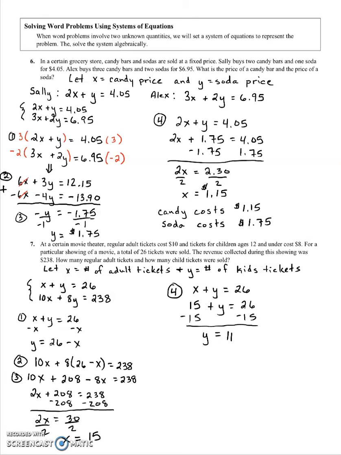So we have 15 adult tickets and 11 kids tickets.